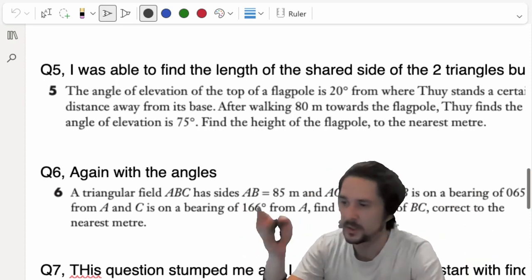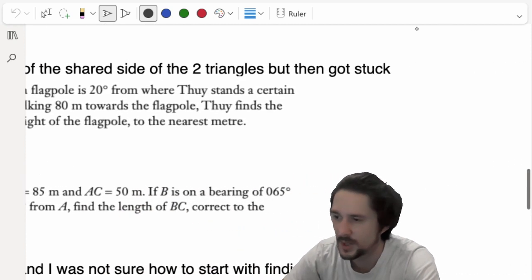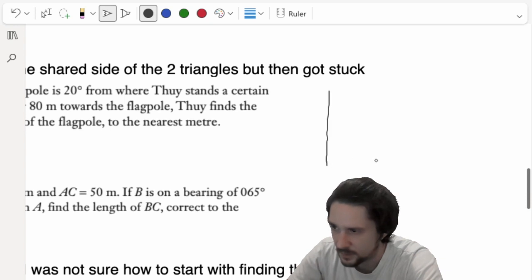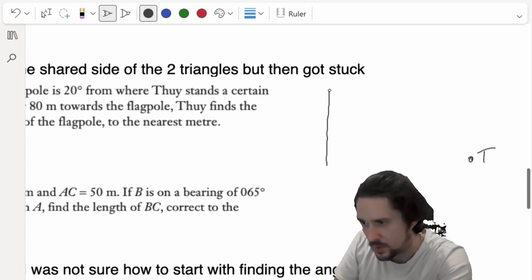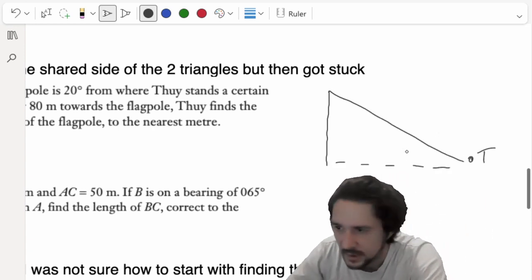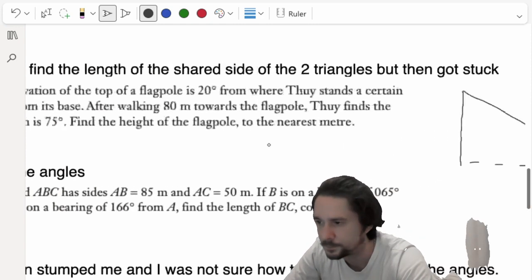Okay, so let's have a look. We have a flagpole and we have a guy named Ty. So here's our flagpole, and let's say Ty is standing here, and we know that the angle of elevation from Ty to the top of the flagpole is 20 degrees. All right, what else do we know?